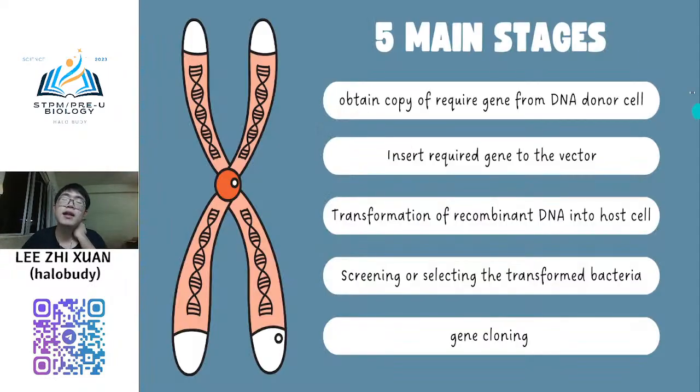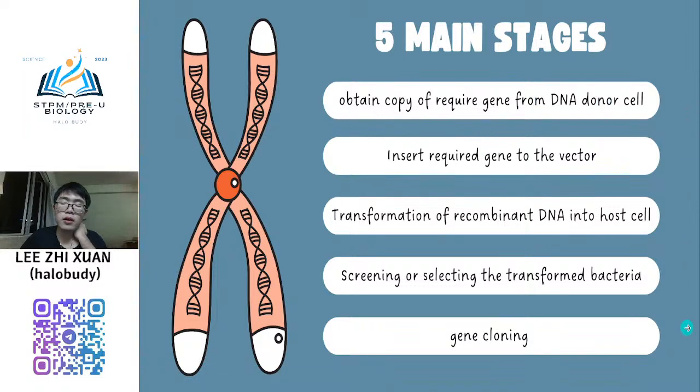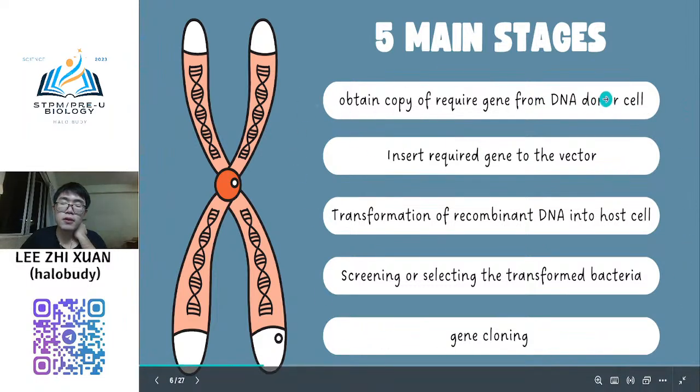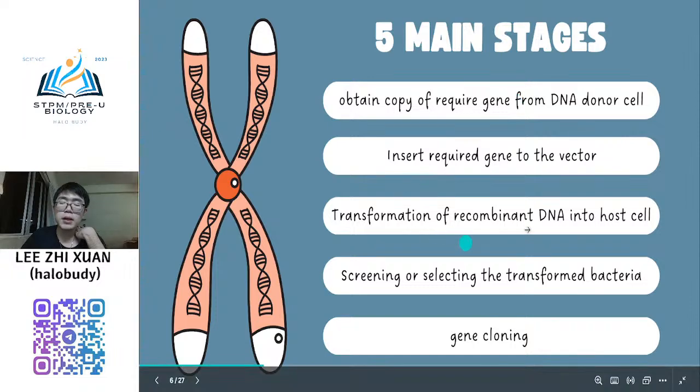Ini way dia, there are 5 main stages. So these are the steps that we need to use to create a recombinant, create the GMO product. So ini boleh baca. Okay, we will go one by one.